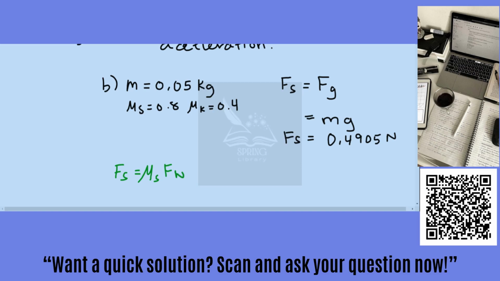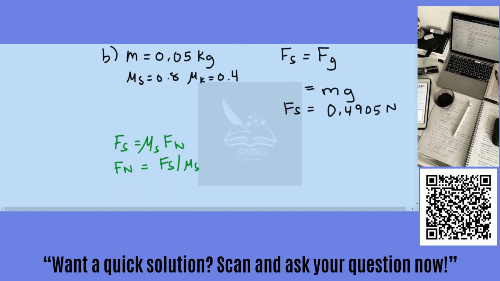That's the value of the maximum static friction force. And this is the value that we do want to use because that will give us the minimum amount of normal force that would be needed. So let's see. We want to calculate normal force, so we're going to isolate this for normal force. So this is just Fs over mu s.